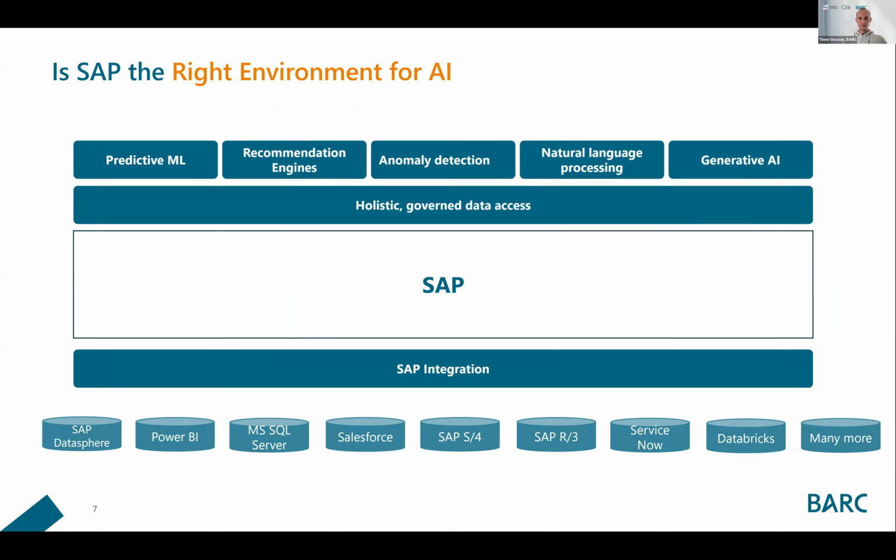So, what does all of this have to do with SAP? Our question for today is: is SAP the right environment for AI? I would like to bring those topics, AI and SAP, together.